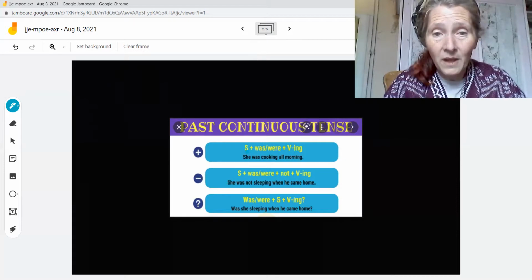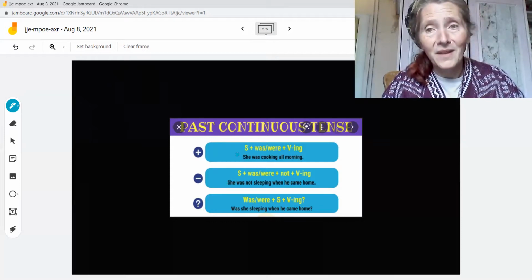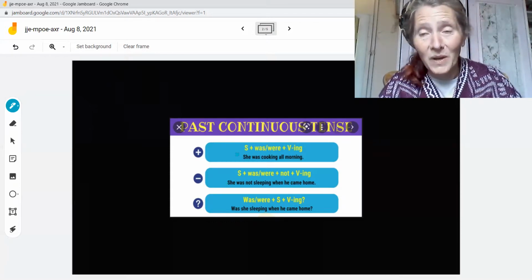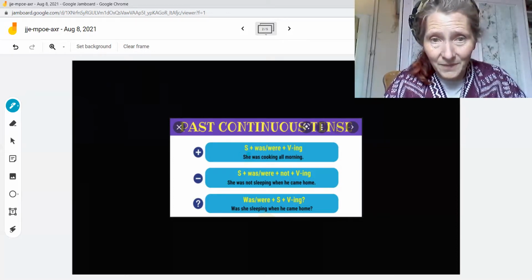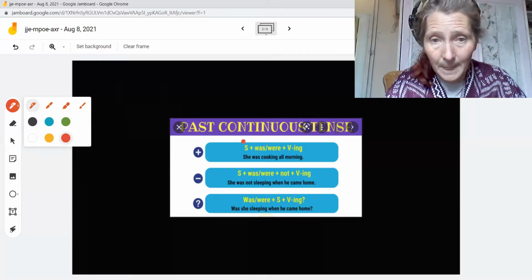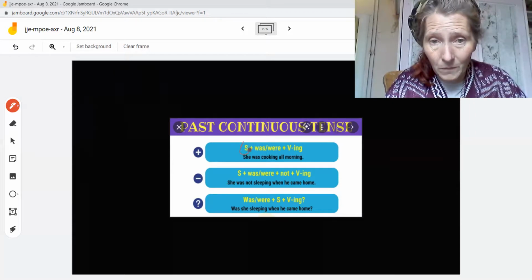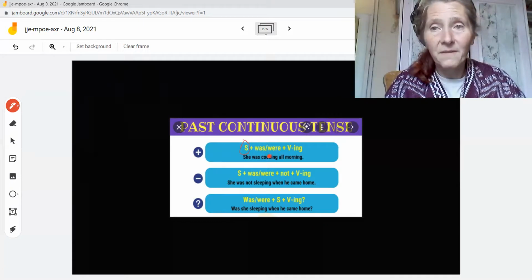So our formula for your positive sentences, meaning anything that happened rather than didn't happen. We have our subject, which is indicated by the letter S here, plus the past tense form of the verb to be.